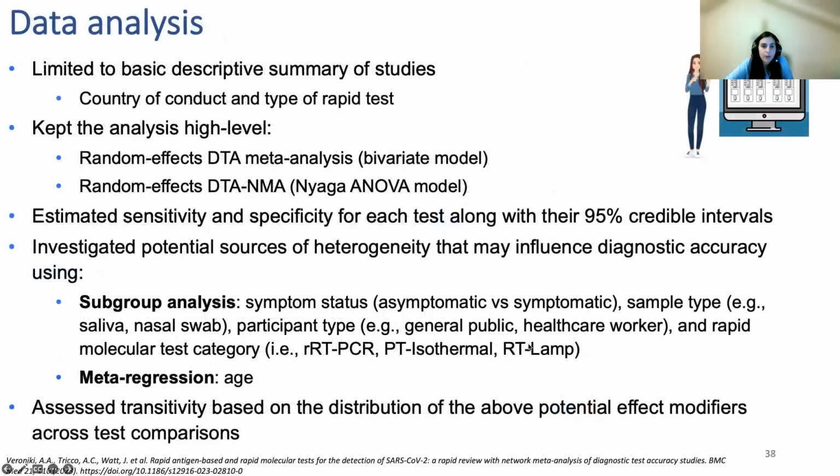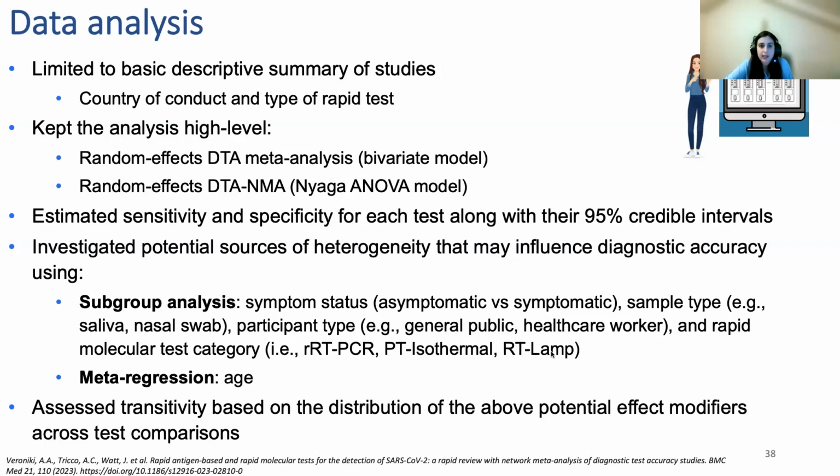As a next step, we performed the data analysis and started with a basic descriptive summary of studies based on the country of conduct and the type of the rapid test. We performed a random effects DTA meta-analysis using the bivariate model. And we also performed a random effects DTA network meta-analysis using the Nyaga ANOVA model. We estimated and presented sensitivity and specificity for each included test, along with their 95% credible intervals.